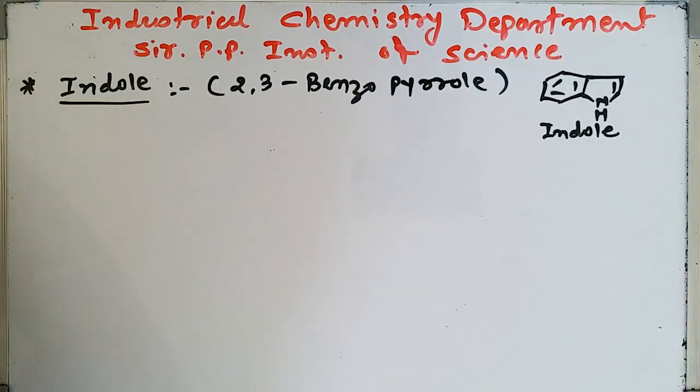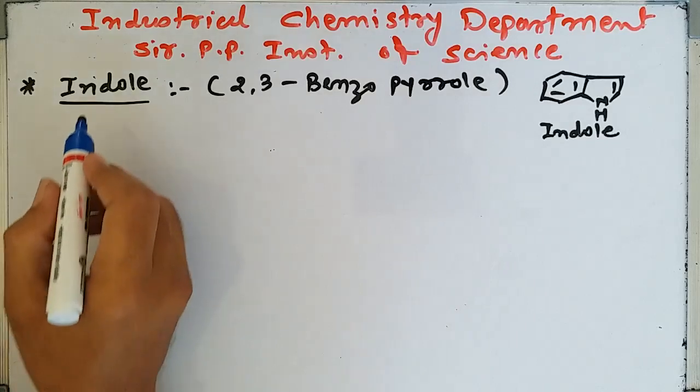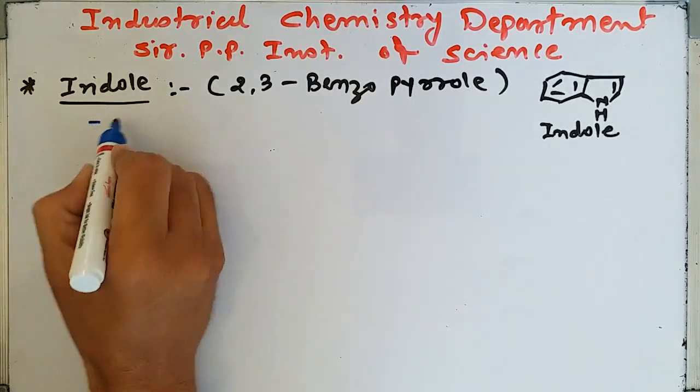Naturally, we will discuss in classification. Naturally, indole occurs in coal tar.